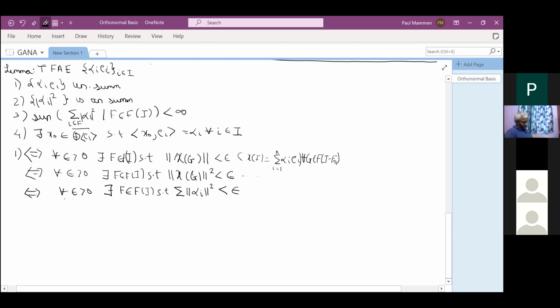And now note that this is the same condition as this thing being summable: the set of mod alpha i squared being unconditionally summable. But note that this just means that, if and only if, for all epsilon greater than 0, there exists f belonging to the finite subsets such that the sum of mod is less than epsilon.